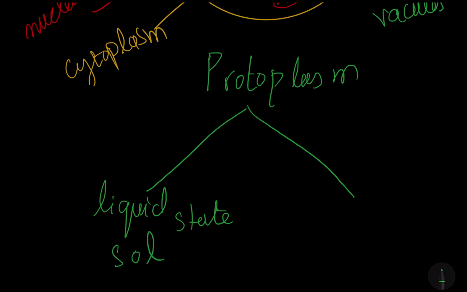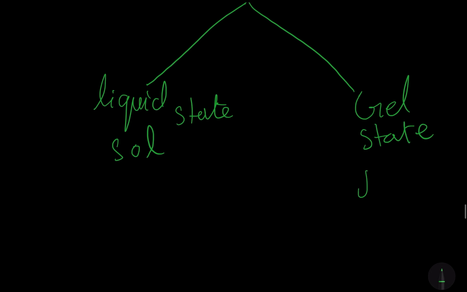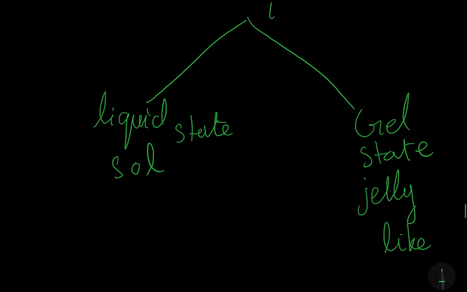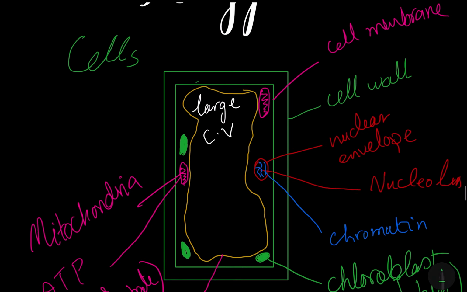The other one is known as the gel state, which is the semi-solid state, and it has a jelly-like consistency. So this is how protoplasm makes up the cell. So this is it for the plant and animal cell.